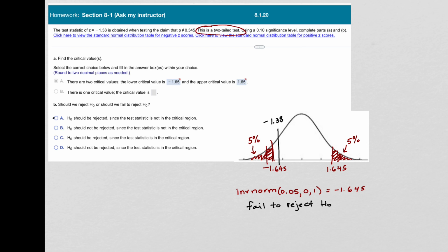So let's see, we don't want A. B might be right. C is wrong because it says it should be rejected. So we're choosing between B and D. And since the test statistic is not in the critical region, that's why we are not rejecting the null hypothesis. That's why B would be the correct answer. So that's how you do those two problems.